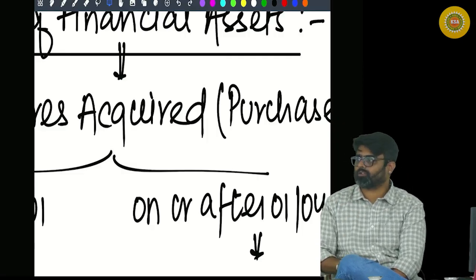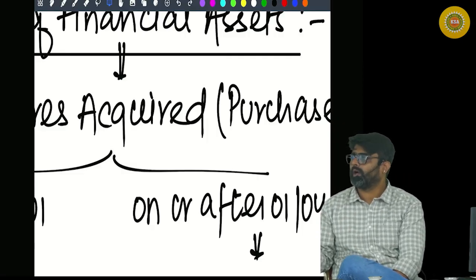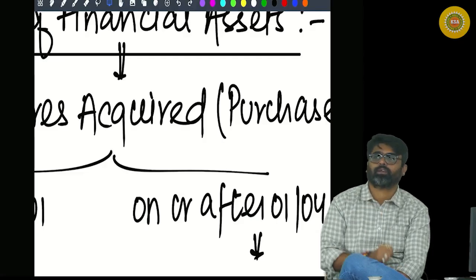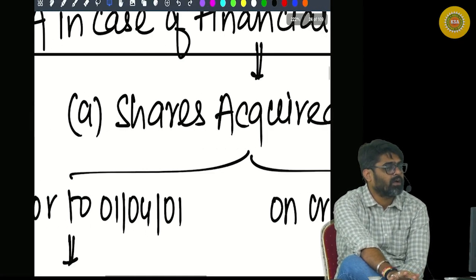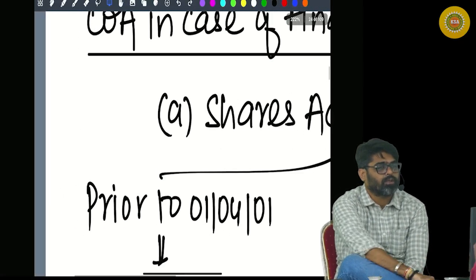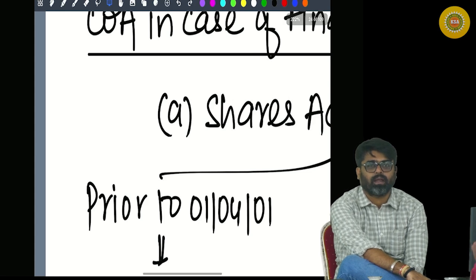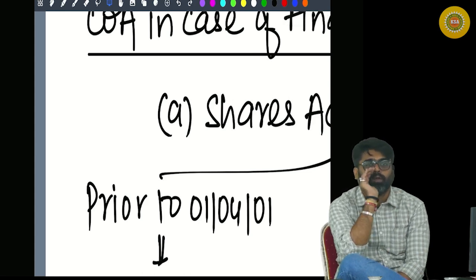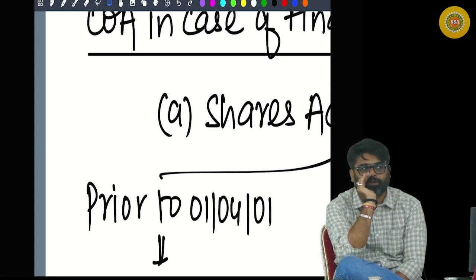Actual cost of the shares will be cost of acquisition. Now my question, if these shares are acquired prior to 1st April 2001, will you get the option to take the fair market value as on 1st April 2001?